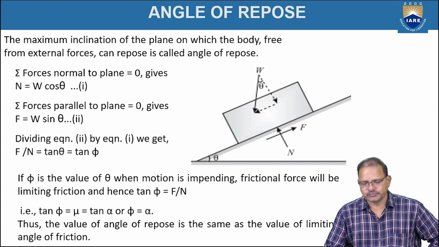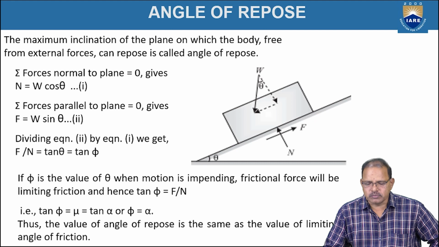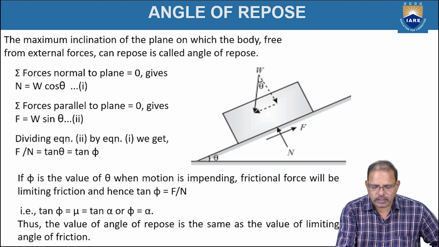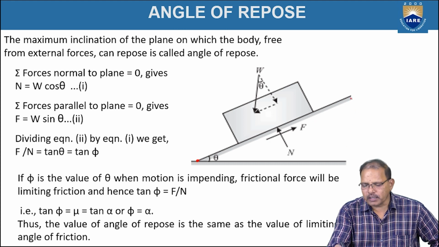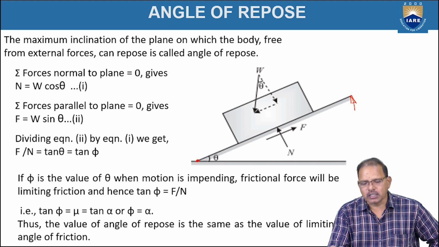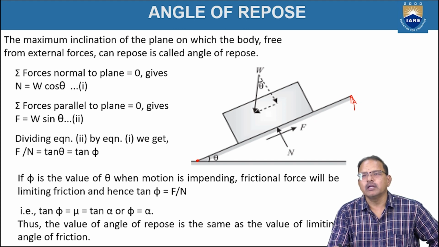Angle of repose. Here, assume the body is resting on a plane, as shown in the figure. By keeping one end in a fixed position, the other end of the plane is moved upward, which is called tilting. Even though there is no applied force on it, at a certain angle the body tends to move downward.